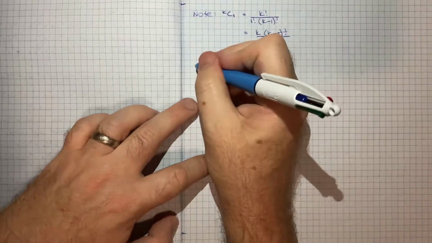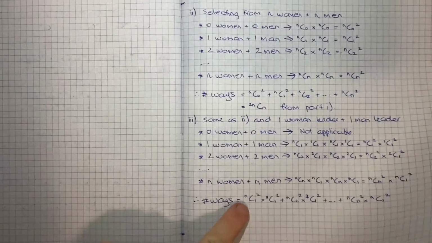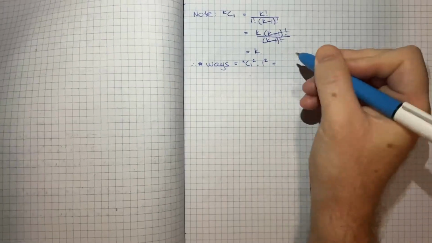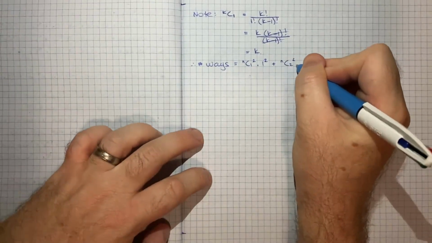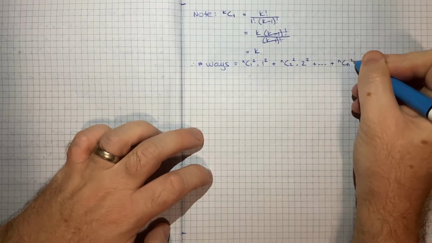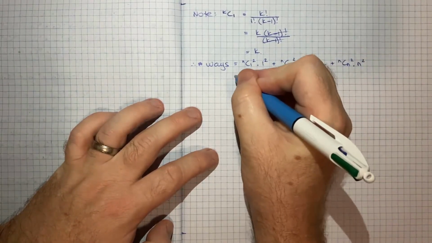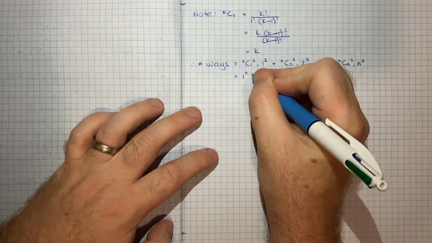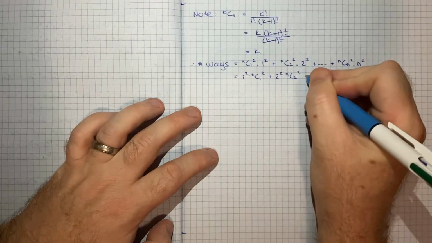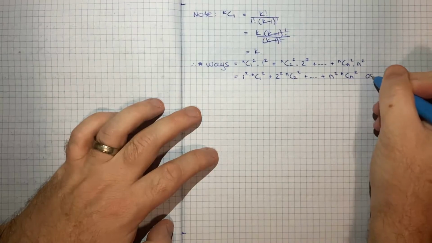So therefore, the number of ways can now be written as nC1 squared times 1 squared plus nC2 squared times 2 squared, and so on, up to nCn squared times n squared. And actually, the result we were trying to show just had these reversed. So that's 1 squared times nC1 squared plus 2 squared times nC2 squared, and so on, up to n squared times nCn squared, as required.